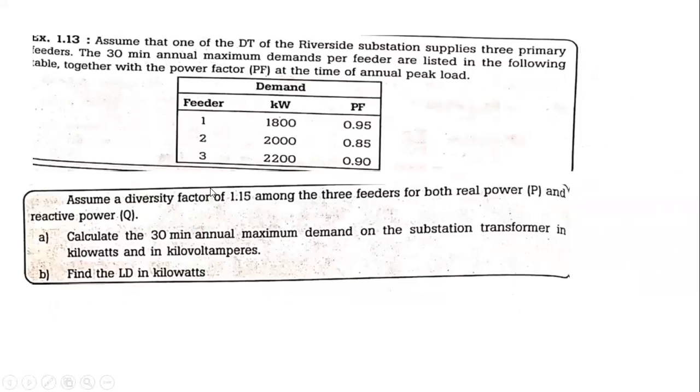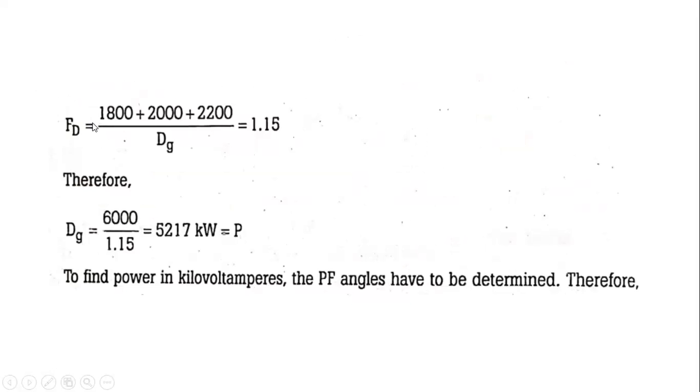First of all, what will we find out? The Fd value. Fd is equal to the kilowatts, 1800 plus 2000 plus 2200, divided by DG. That is the load factor, diversity factor. 1.15 is the diversity factor.